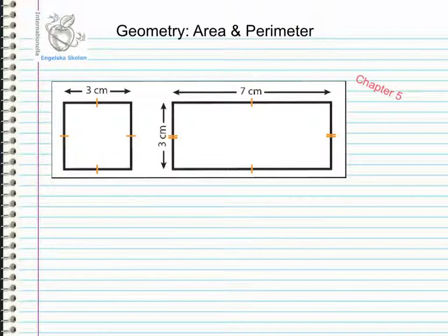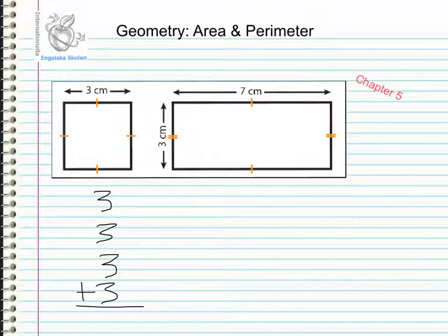The perimeter for the first shape is going to be all of the outside measurements added together. So we will have 3, 3, 3, and 3 all added together. Or you could do 3 times 4 to make it a little bit easier, and we would come up with the answer of 12 centimeters.